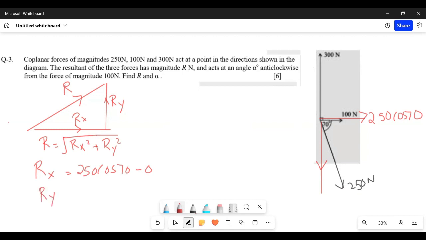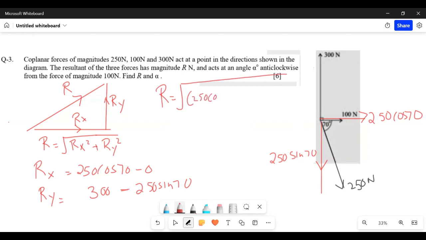For Ry, it's going to be 300 newton minus the downward force, which was 250 sine 70. Now we're going to find R by applying Pythagoras on this. So 250 cos 70 whole square plus 300 minus 250 sine 70 whole square.